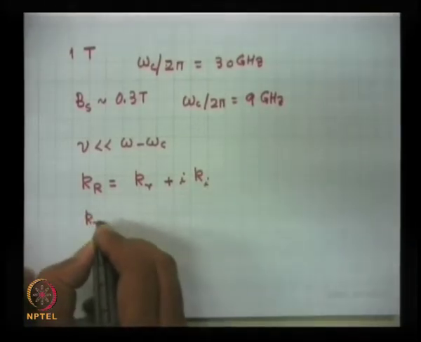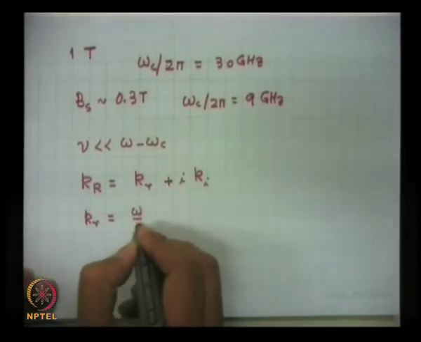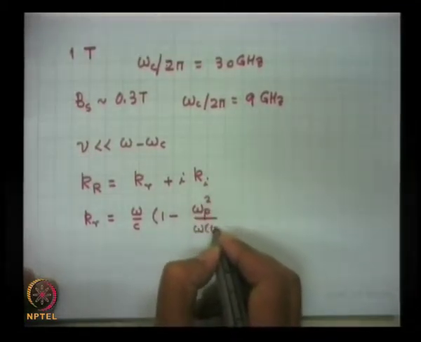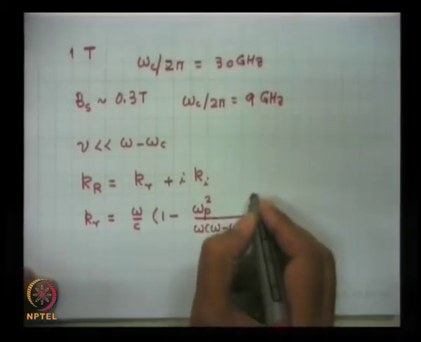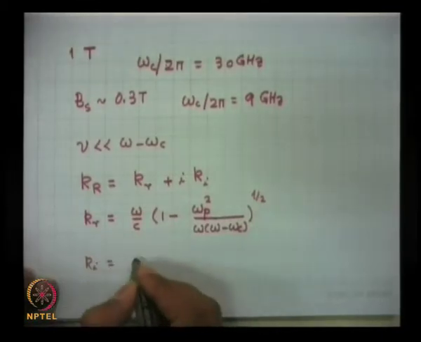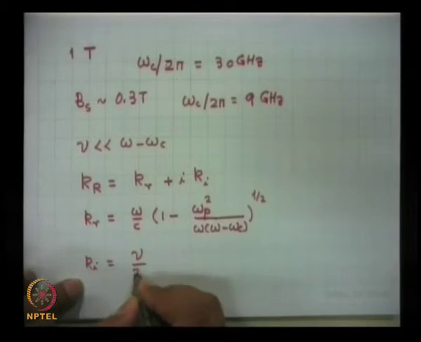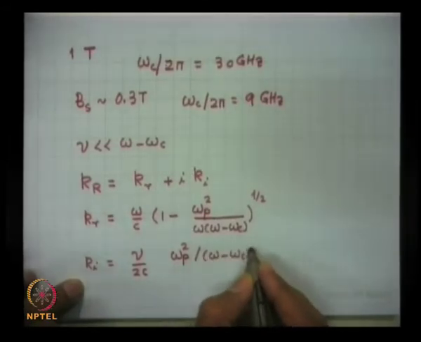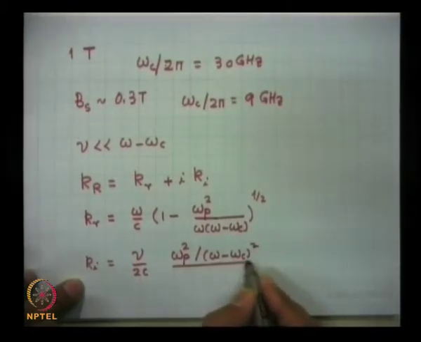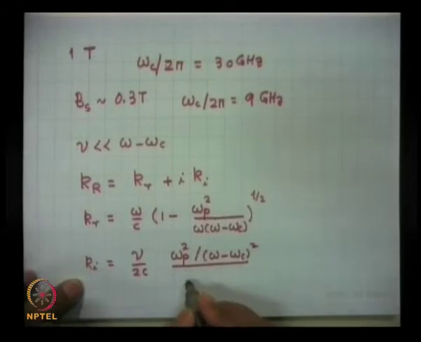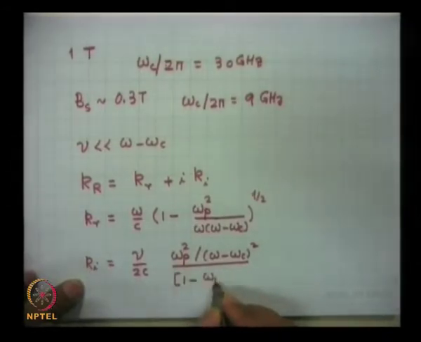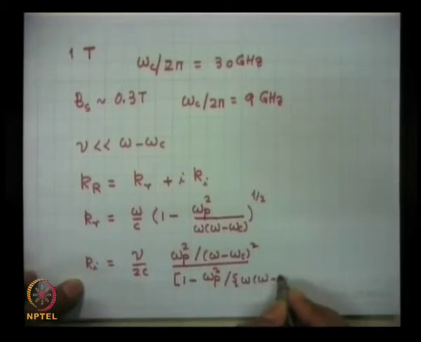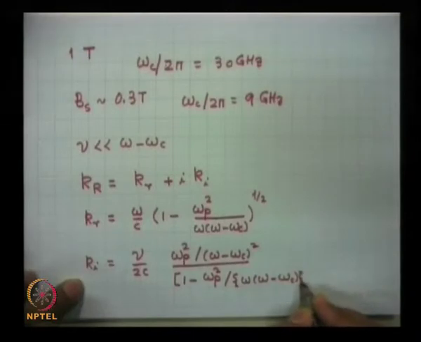The real part is roughly the same as before, which is omega by c into (1 minus omega p square upon omega into (omega minus omega c)) to the power half, and k imaginary turns out to be equal to nu upon 2c, omega p square divided by (omega minus omega c) whole square, which is a very strong dependence on the difference between omega and omega c, divided by (1 minus omega p square upon omega into (omega minus omega c)) to the 1/2.